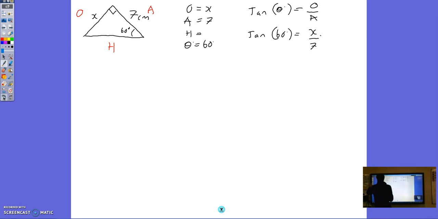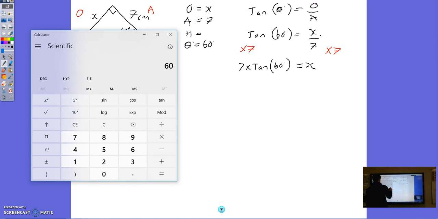Now, once again, I have a denominator of 7, so I'm going to multiply by 7 to get x on its own. And that's going to give me 7 times tan of 60 degrees is equal to x. I'm going to throw it into a calculator.